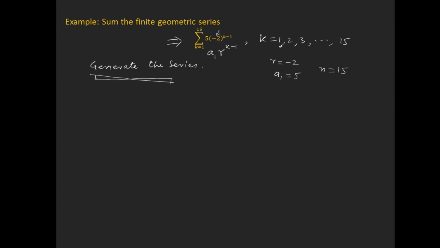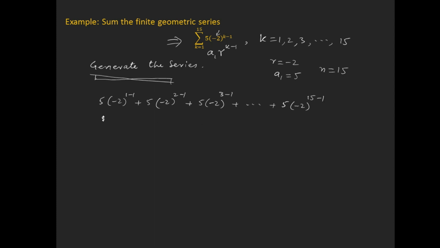But if we generate this series, what will that series be? First put k equal to 1, so 5 multiplied by minus 2 power 1 minus 1, then plus 5 with k equal to 2, 2 minus 1, and then k equal to 3, so 3 minus 1, and so on. And in the end, 5 multiplied by minus 2 power 15 minus 1.